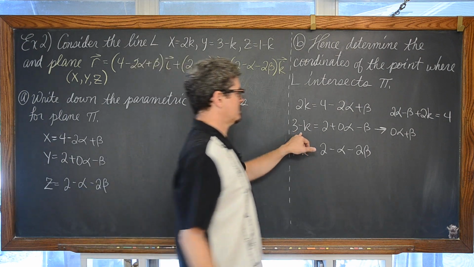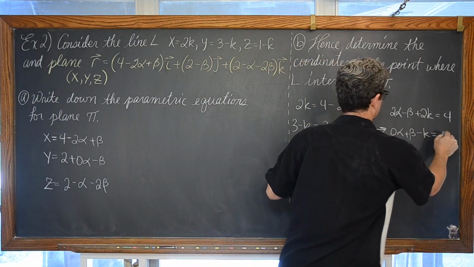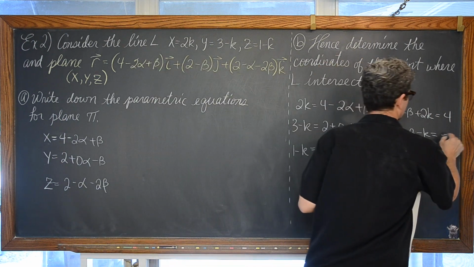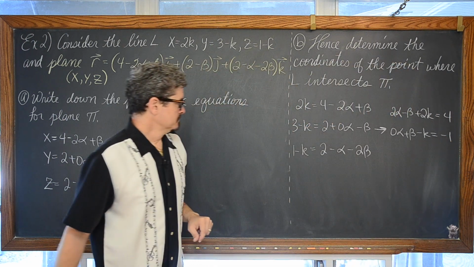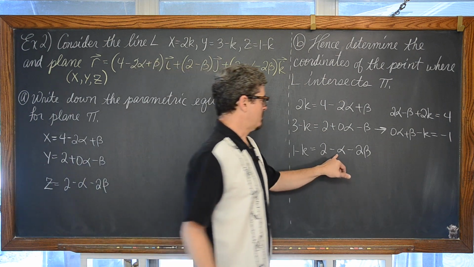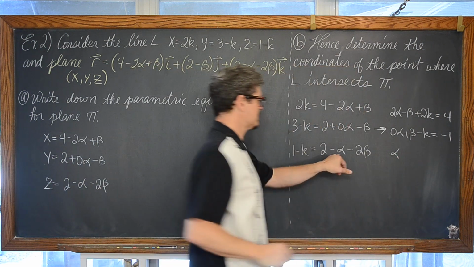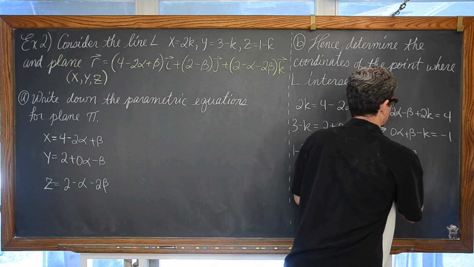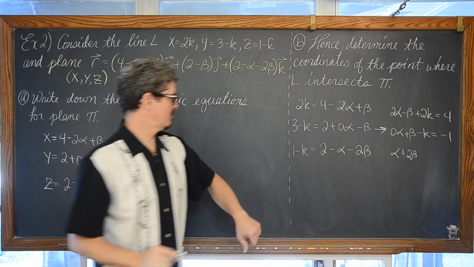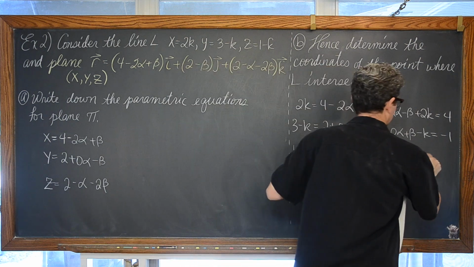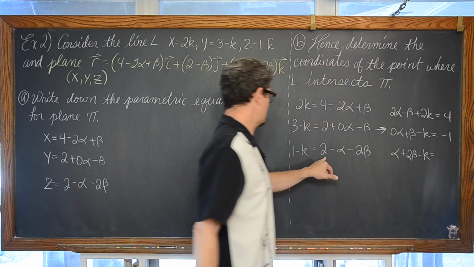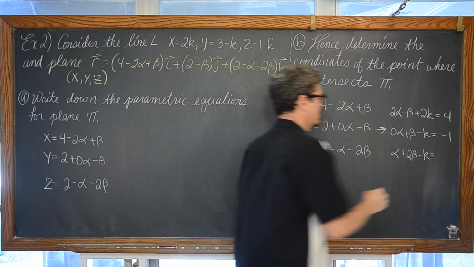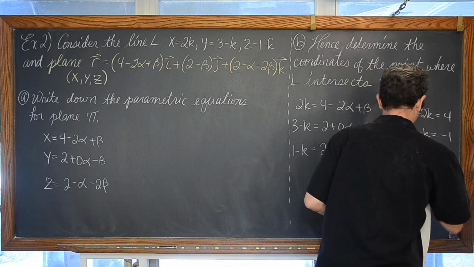We already have the k on the left-hand side, so minus k. And 2 minus 3 is -1. Add alpha, so positive, add 2 beta. Get a minus k. And that's equal to 2. Okay, now that's a minus k, so we're going to do 2 minus 1, which is equal to 1.